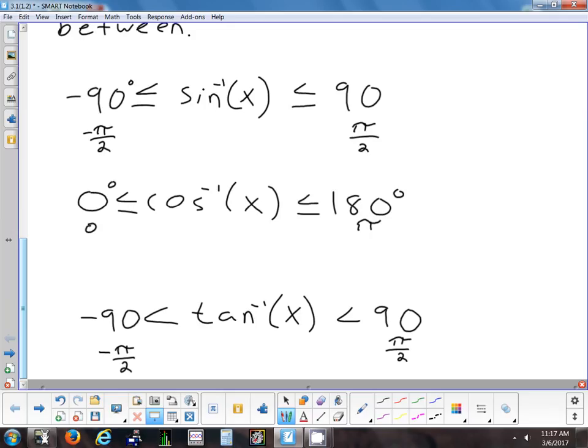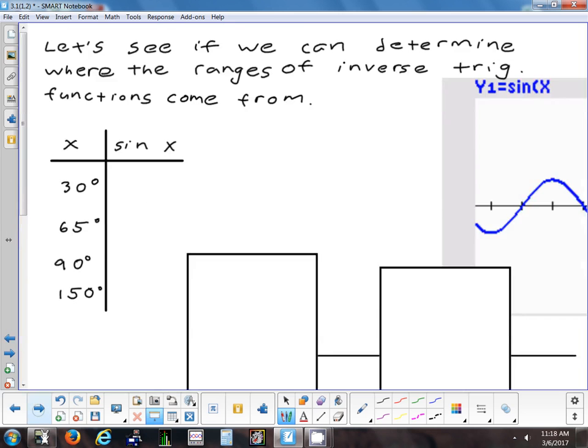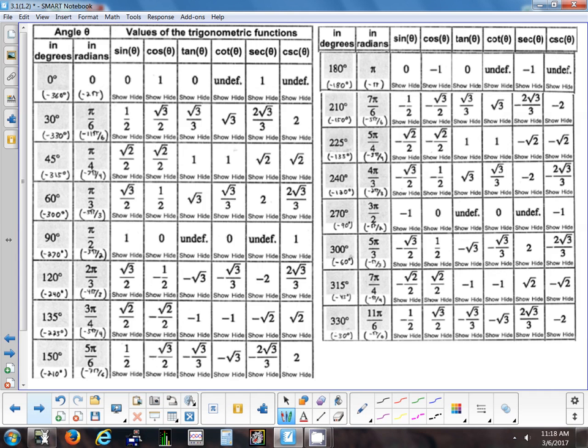What does your sheet say happens at tangent of 90? Undefined. Okay, I'll come right back to this. But if you're looking at that sheet, go to 90, go to tangent, undefined. Same thing if you go to negative 90, which is the same as 270. Go to tangent, undefined, right there.